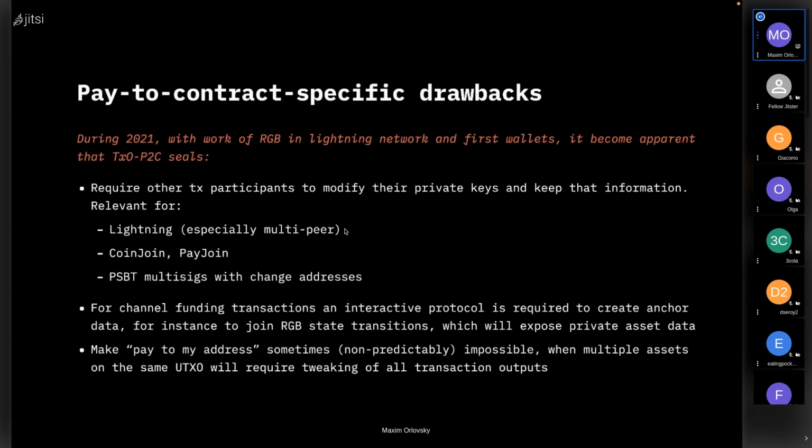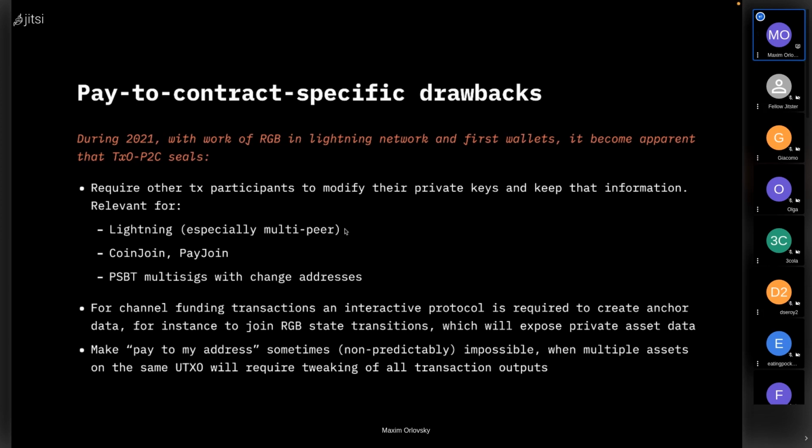The second problem is in Lightning Network, we found that channel funding is actually an interactive protocol. And when we create a channel funding, there is a case that two parties provide the same asset using RGB into the same channel.